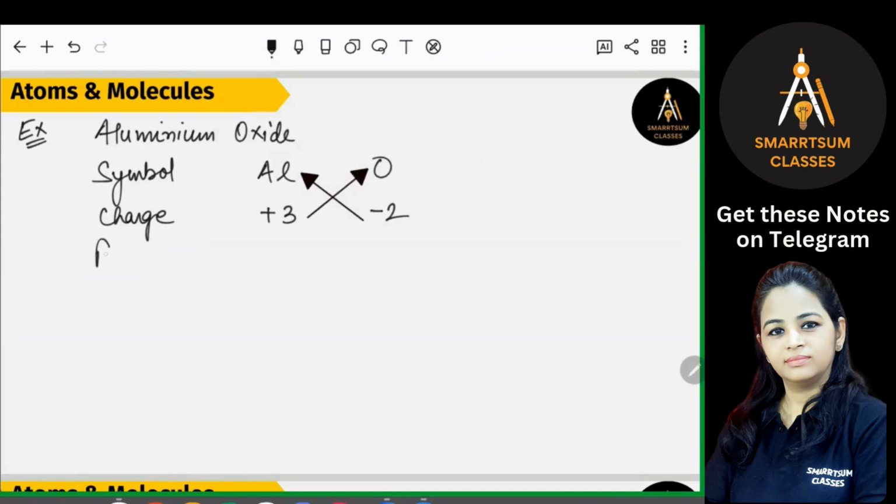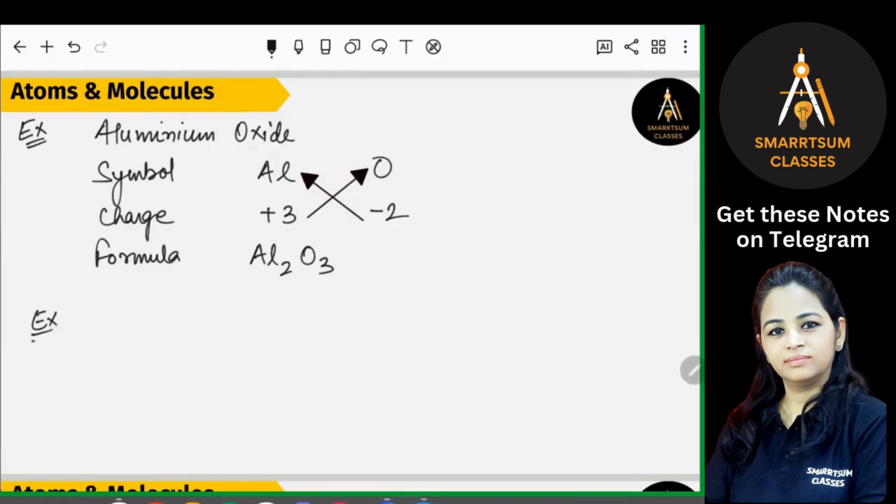So the formula for aluminium oxide is Al2O3. What does it mean? That 2 aluminium atoms are combining with 3 oxygen atoms to form aluminium oxide, Al2O3. Is that clear? Because aluminium is having a deficiency of 3 electrons, whereas oxygen has 2 extra electrons. So we can use the crisscross method to write it down, and that's why the formula is Al2O3.